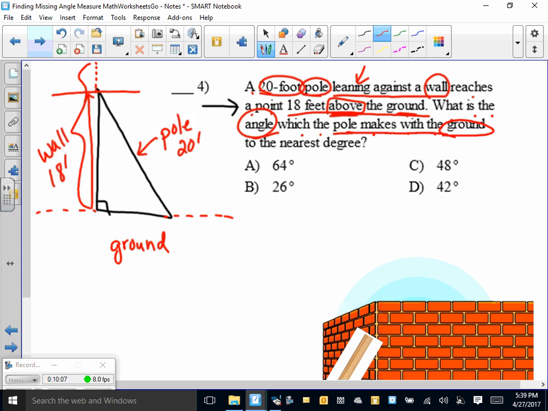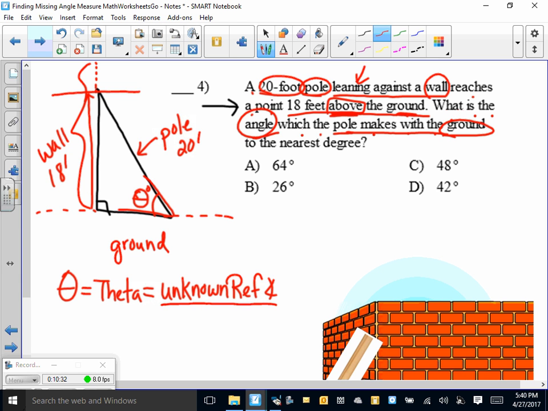So, here's the pole, here's the ground, so the angle is this angle right here, and that's what we don't know. So we call that theta. And that would be our unknown reference angle. Okay, that would be the easiest way to remember it. It's an unknown reference angle. And it's this Greek letter right here, theta. Okay, we're just using it instead of x, y, or z.